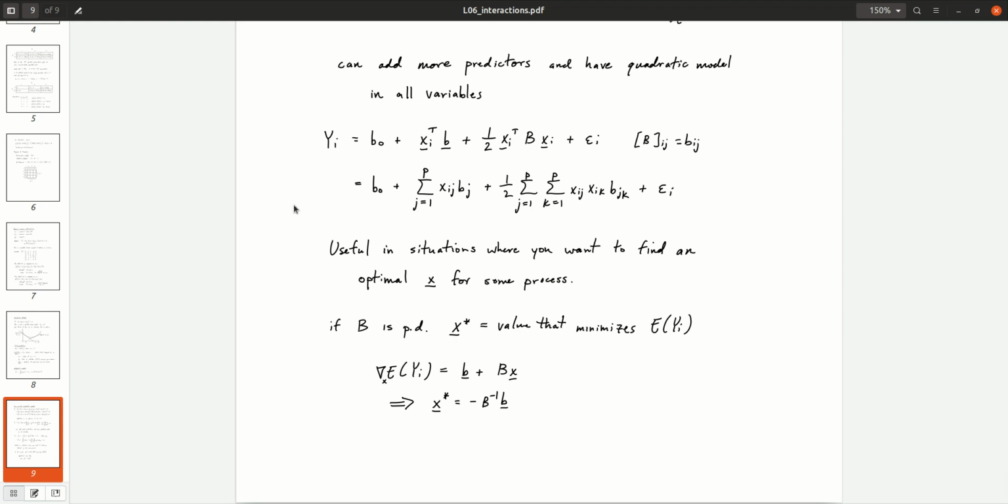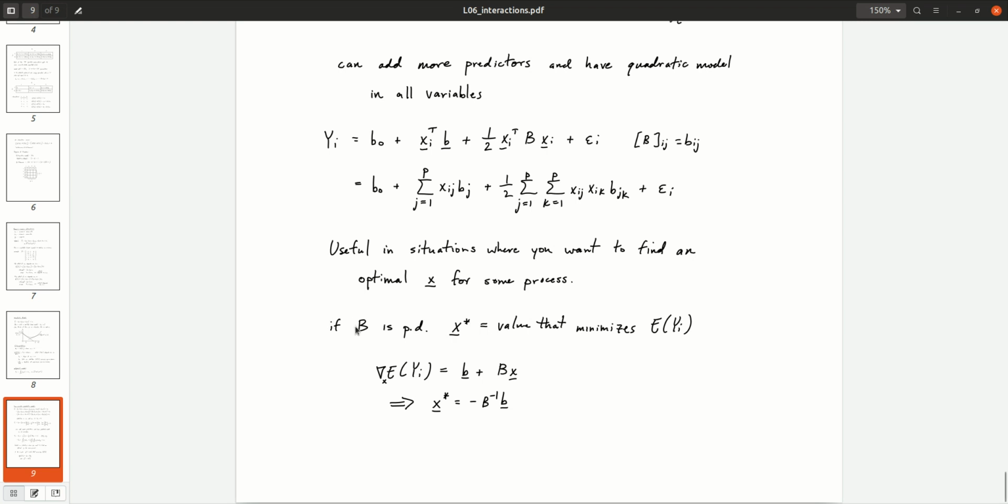I just mentioned this model because it actually is a really useful model in some applications where you have a bunch of variables and you want to figure out what is the optimum value for the variables, the xi1 up to xip, that gives you the highest expected value of yi. And if this B matrix is positive definite, then you can actually extract that optimal value, because it could be a maximum or a minimum.